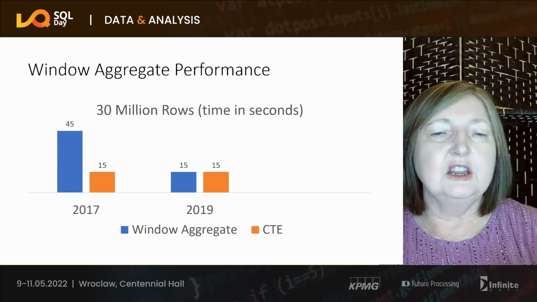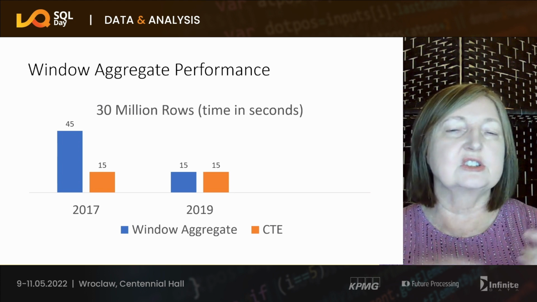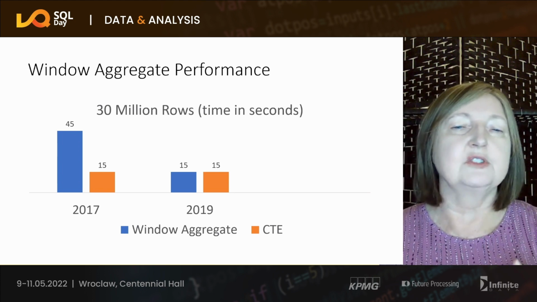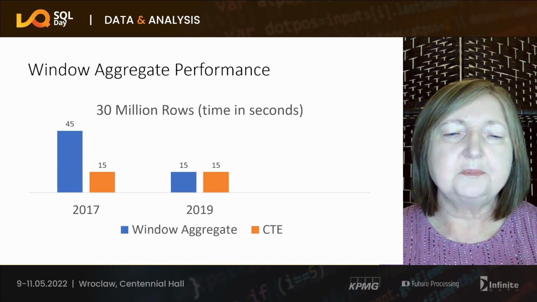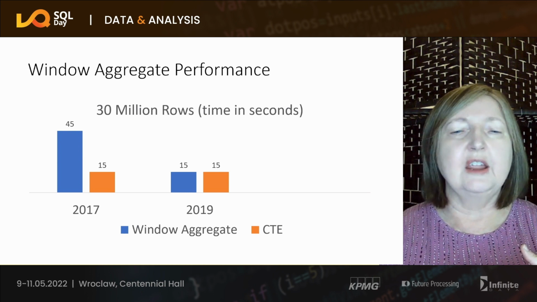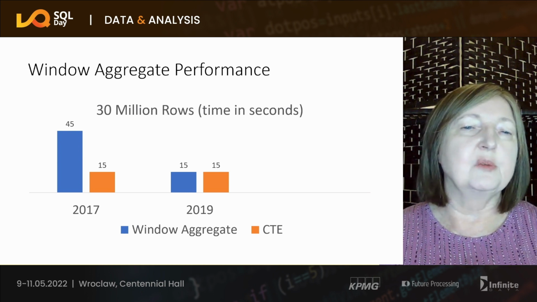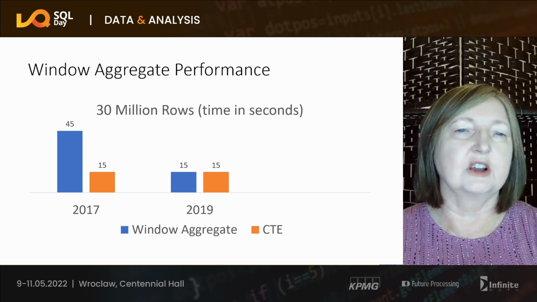In 2019, I was able to get identical results. This is an average, so I ran them several times to get an average. And the window aggregate and the common table expression both performed very well, both at 15 seconds.